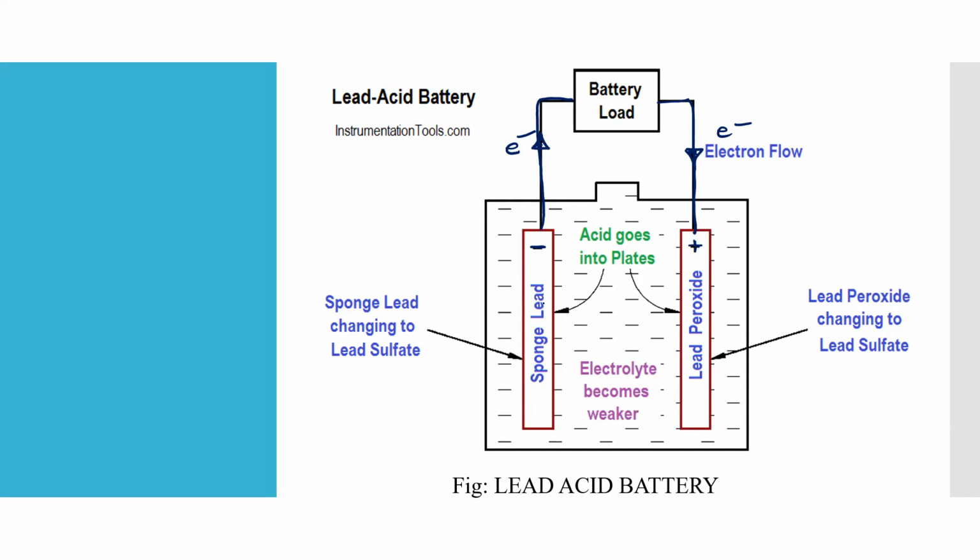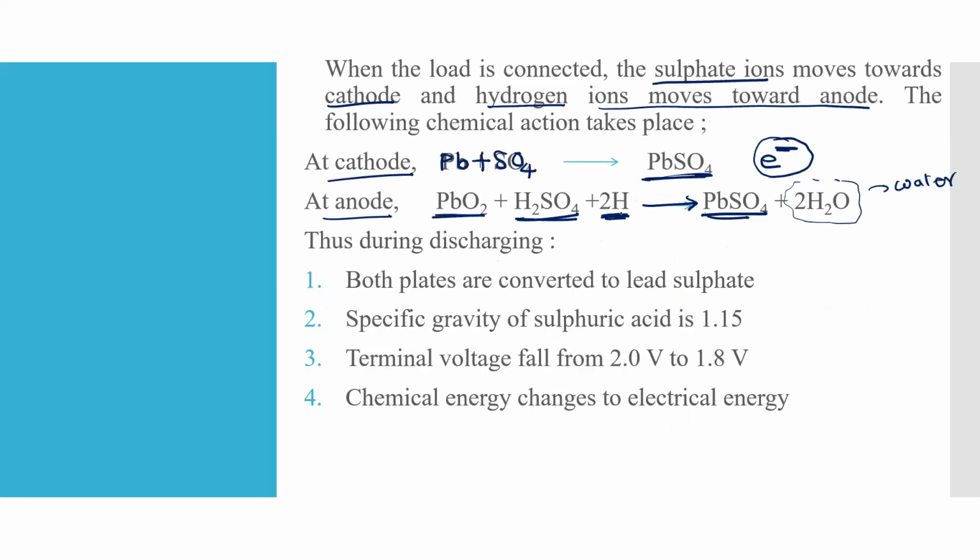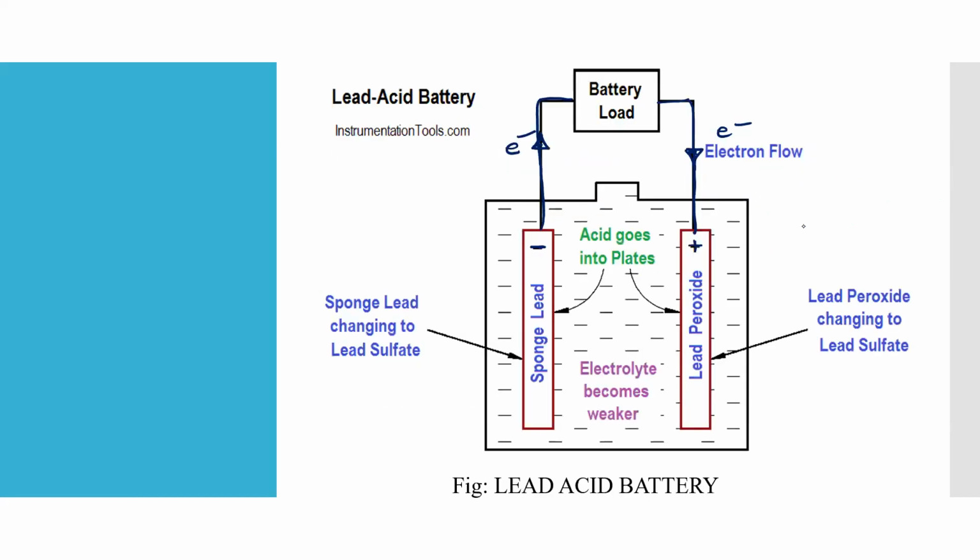So that means electrons are emitted here, and here they will be combined. So ultimately you get water plus lead sulfate. Lead sulfate is actually accumulated on both the plates. Here the lead becomes lead sulfate, and here also the lead will become lead sulfate.